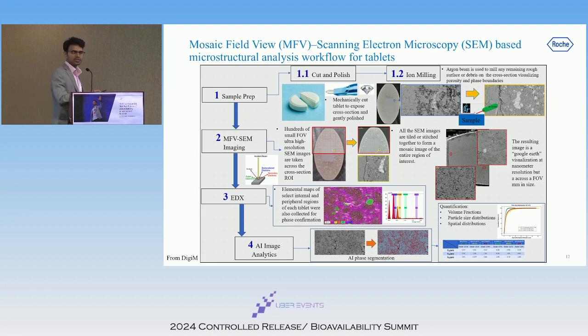However, it differs mainly in that a series of SEM scans are taken and then they are stitched together to form a tile or mosaic, which results in very high resolution without losing any detail. And the third step that we leverage is the segmentation analysis to understand the microstructures of the tablets.